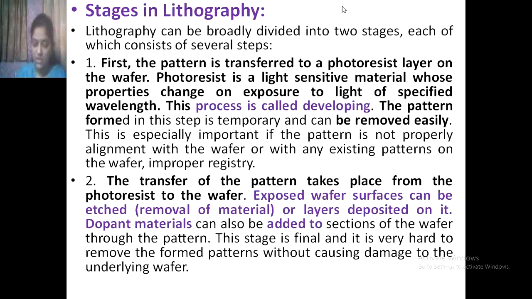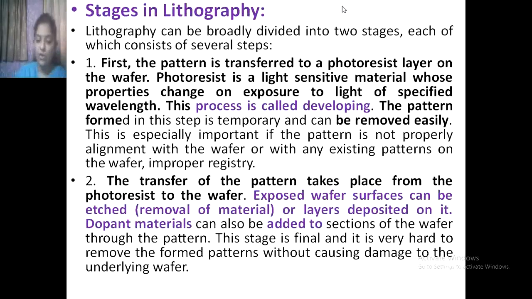Is it clear? The second stage is that whatever pattern is on the photoresist should be transferred to the wafer. Exposed wafer surfaces can be etched or layers deposited on it, so there are two possibilities: it is etched or it is deposited.